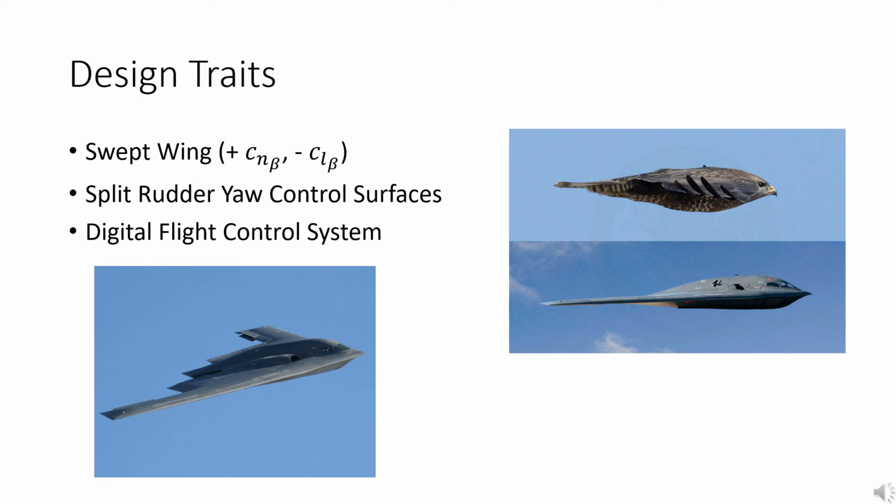We can deduce that wing sweep added stabilizing contributions to the yaw and roll moment side slip derivatives. The split rudder yaw control surfaces were part of an active yaw damping control system, and they functioned as speed brakes as well, which can act as the vertical fins we talked about at slow speed, improving lateral directional stability during landing and takeoff. The digital flight control system attenuates the pitch instability characteristics.